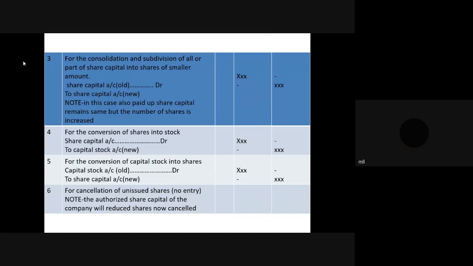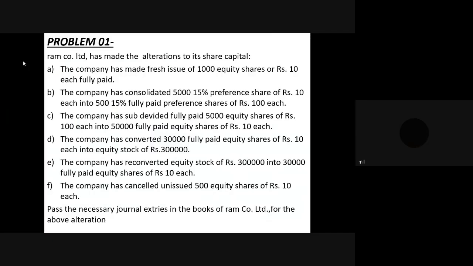Note, the authorized share capital of the company will be reduced, but shares are not cancelled, so there is no entry for this last, sixth case. These are the model journal entries. Then I am going to solve one problem on passing journal entries.